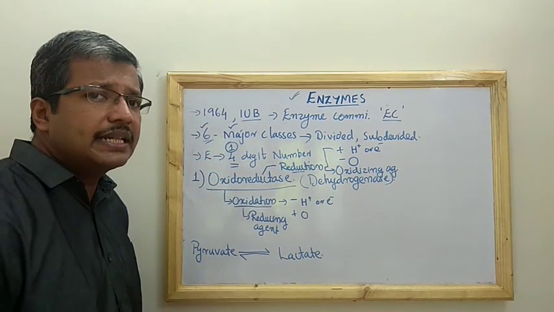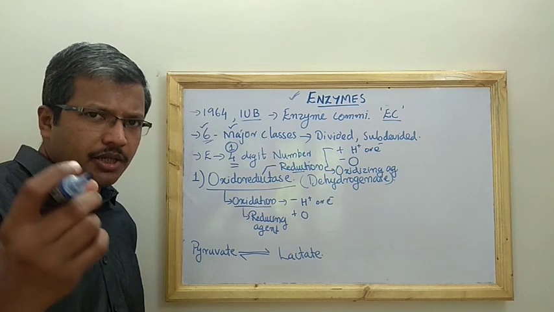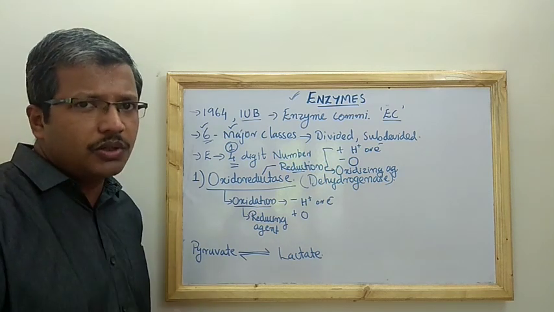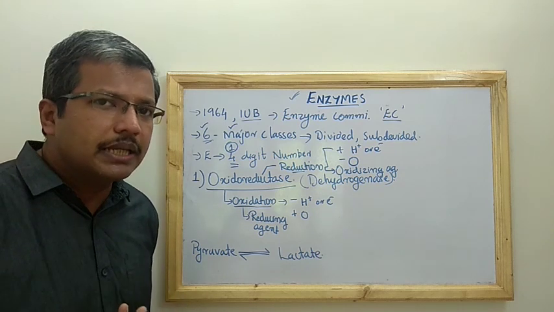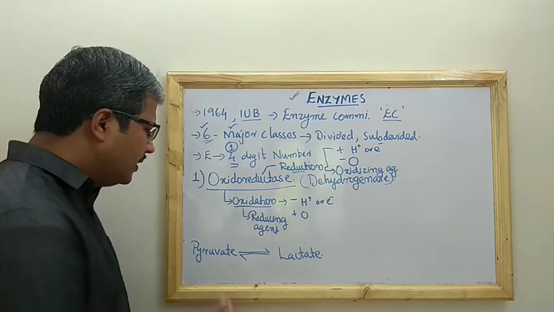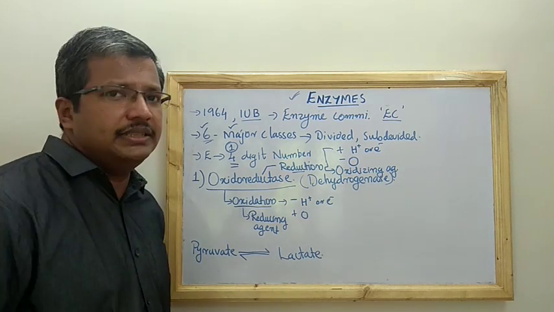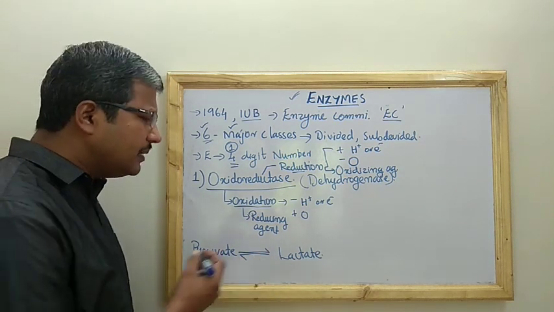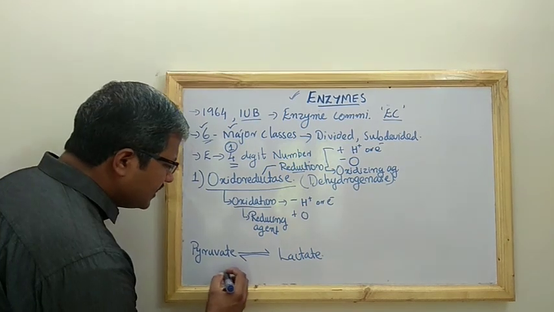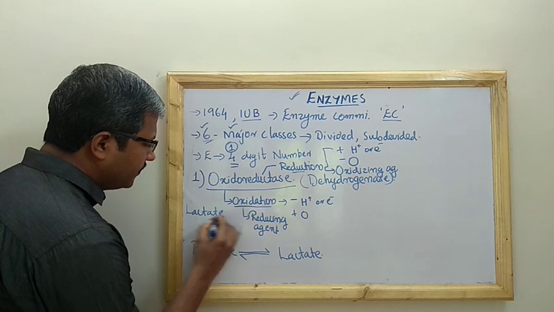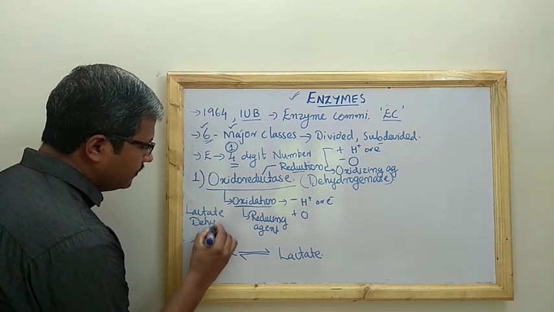It is the lactic acid fermentation that happens inside your muscle in the absence or reduced amount of oxygen. As a result, you will get pain in the muscle. That same reaction is an example for oxidoreductase, and it is catalyzed by the enzyme lactate dehydrogenase.